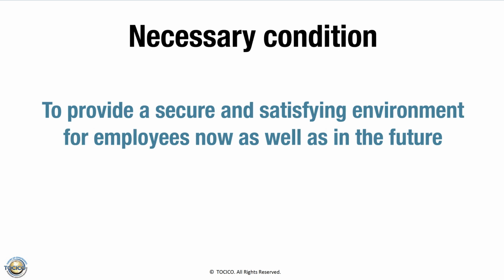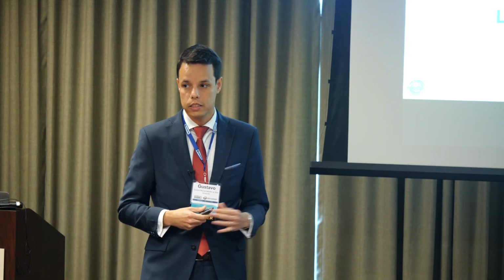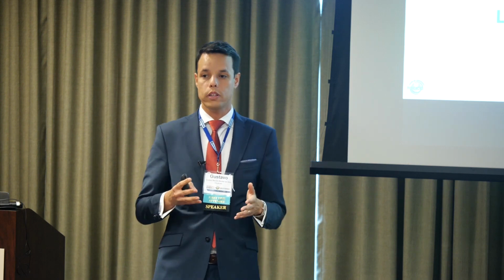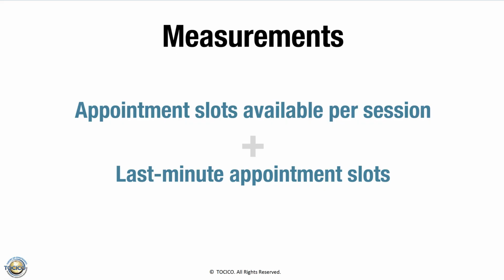And also we had a necessary condition. We had to provide a secure and satisfying environment for the employees, for the staff, and for me, and for the nurse, now as well as in the future. So, what were our measurements? I didn't use throughput accounting. I just measured how many patients we were able to attend.